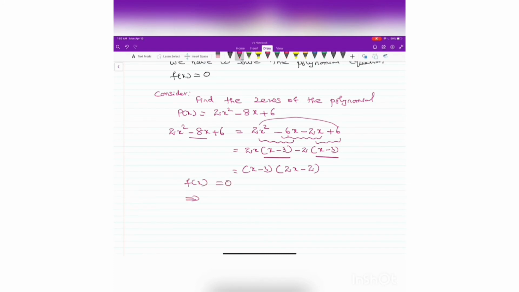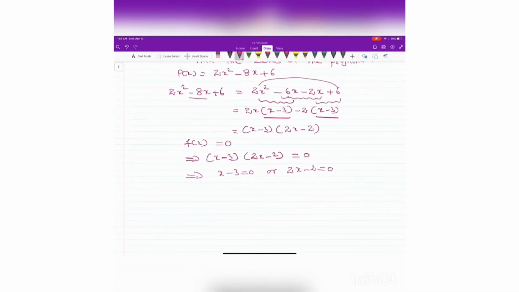This implies x minus 3 into 2x minus 2 should be equal to 0. This implies x minus 3 equal to 0 or 2x minus 2 should be equal to 0, or in other words, x should be equal to 3, or here you will be getting x is equal to 1.